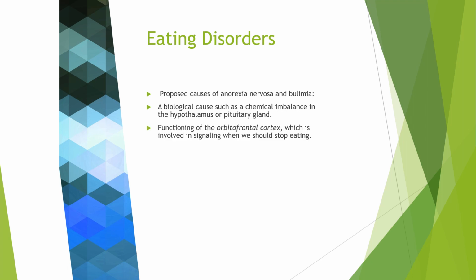In your brain, the orbitofrontal cortex also may be involved. So the orbitofrontal cortex is involved with signaling when we should stop eating. So if there's some sort of abnormal functioning in the orbitofrontal cortex, we may not realize that we should stop eating.